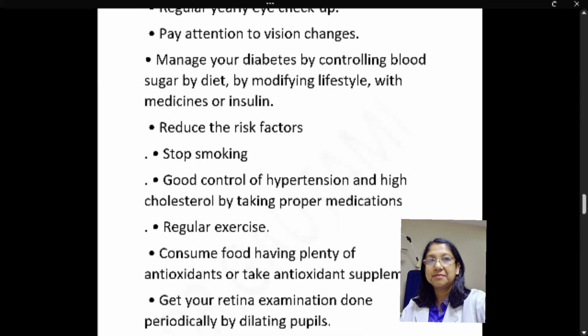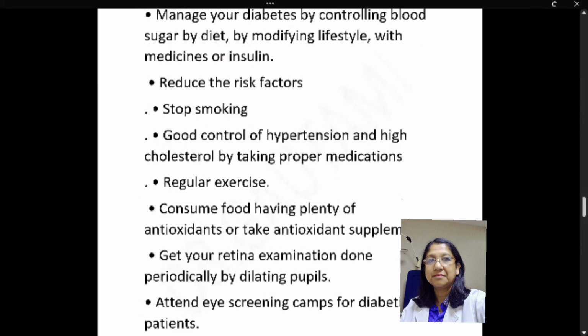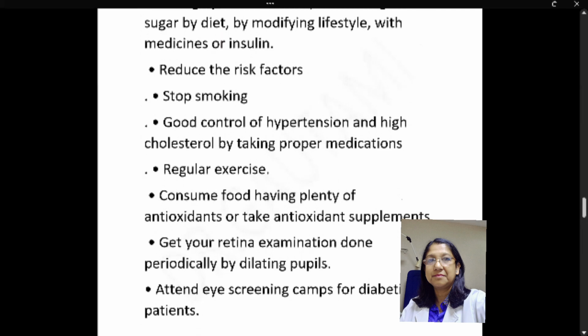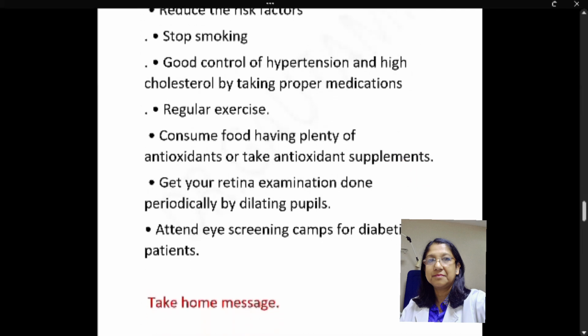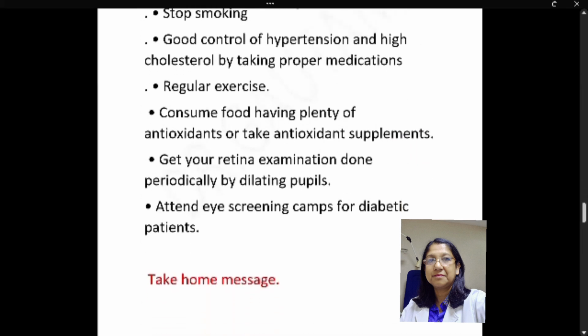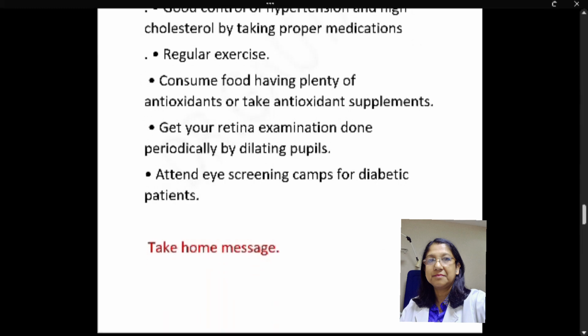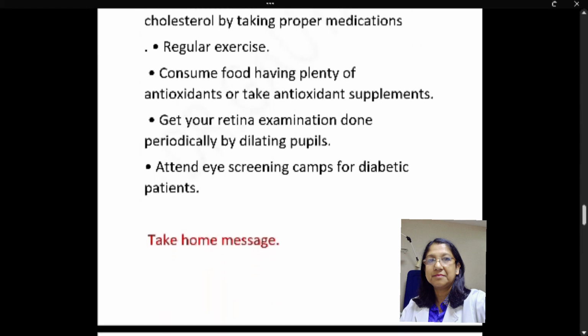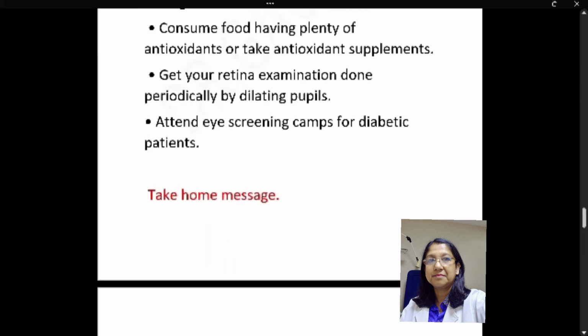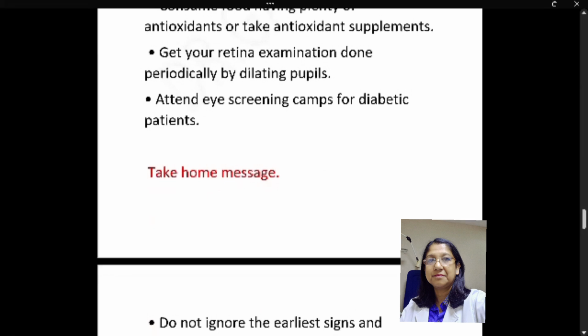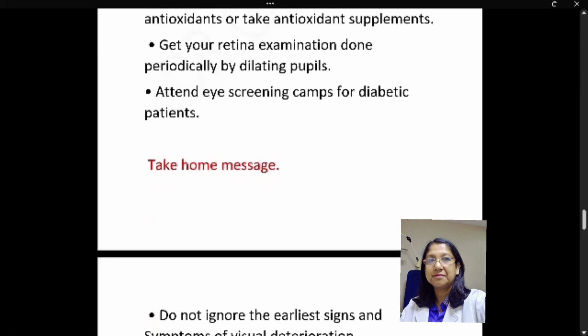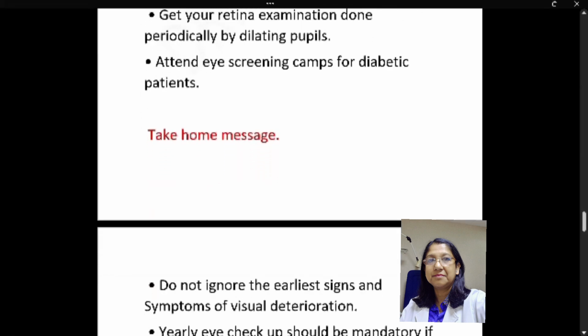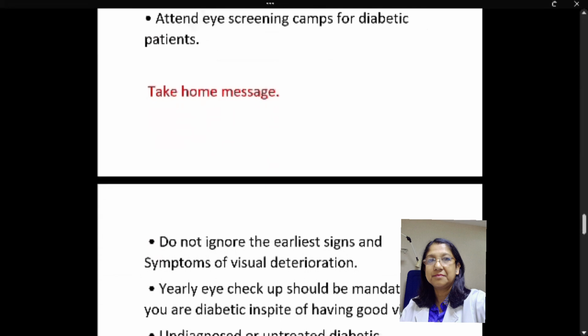Then reduce the risk factors like stop smoking, control hypertension and high cholesterol, always do regular exercise, then some antioxidants, and the retina should be checked periodically by dilating the pupils. Some eye screening camps occur, and those camps are to be attended by the patients.